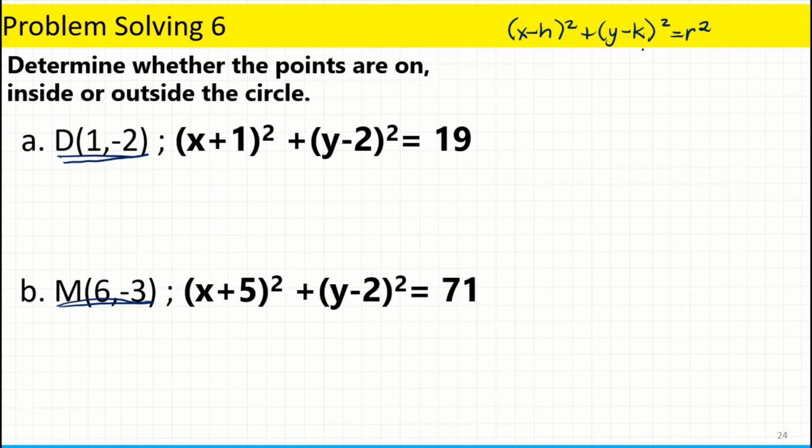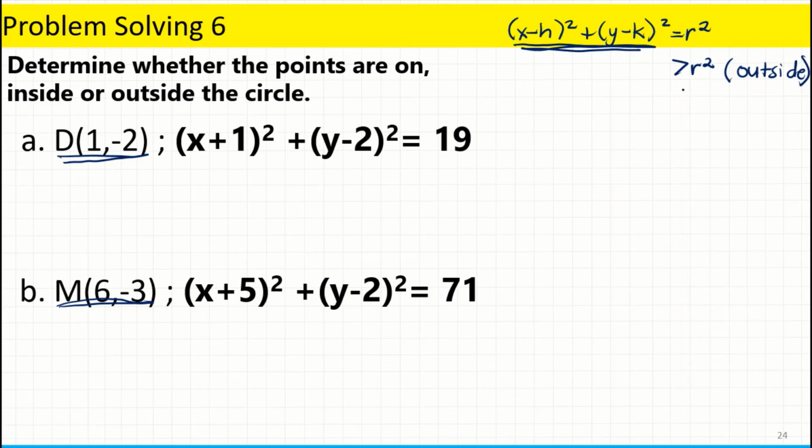Okay, so when we have the standard form, kapag ang left side na ito is greater than r², therefore, yung point natin is outside the circle. Meaning, yung point natin ay hindi nasa loob ng circle.